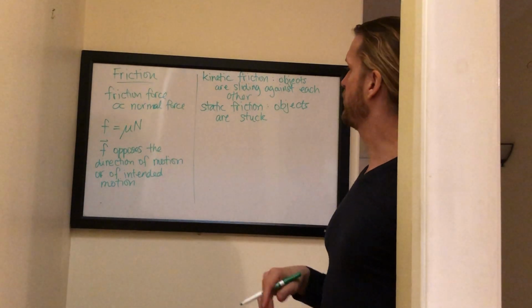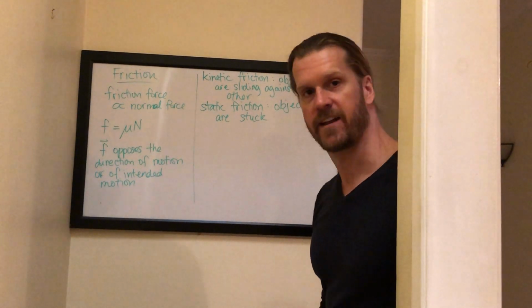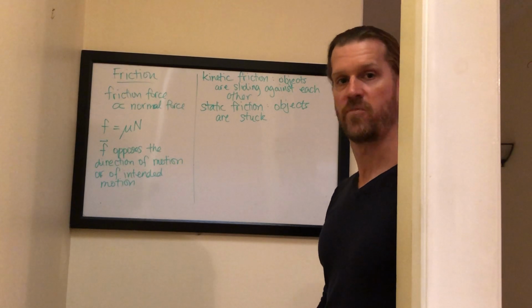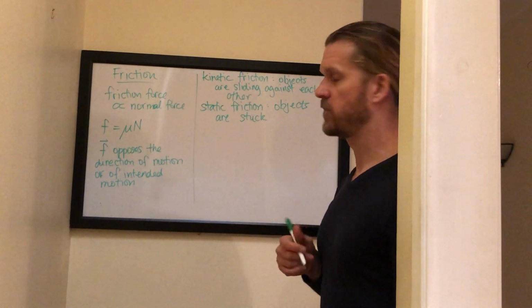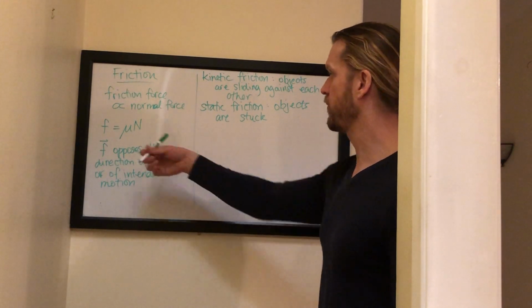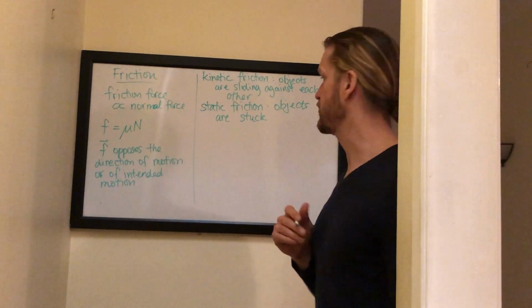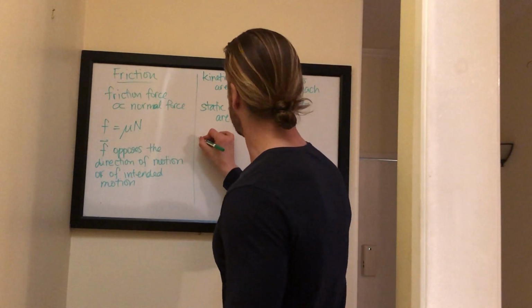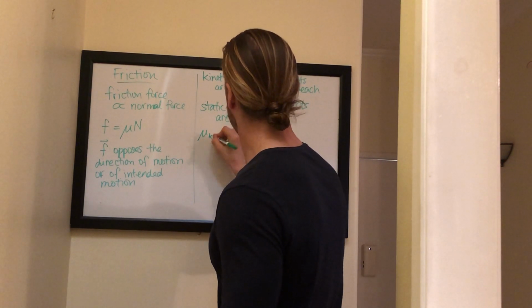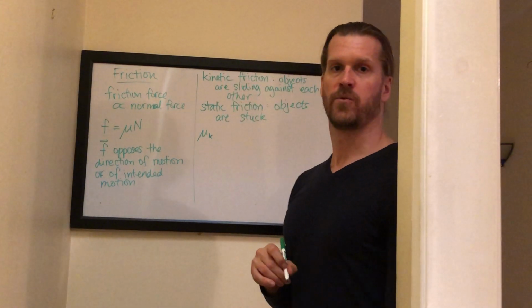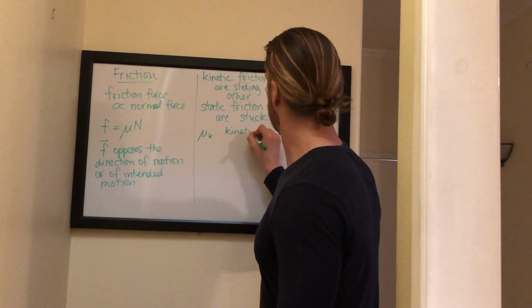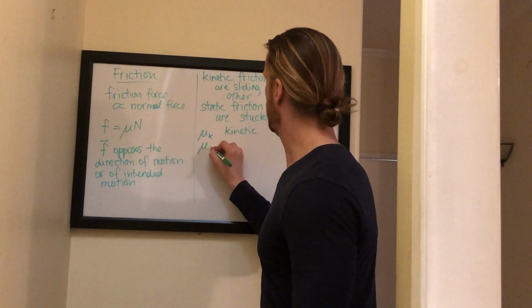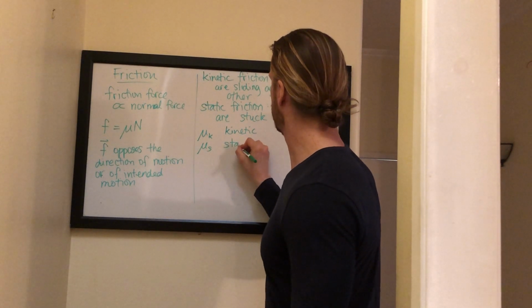Okay, kinetic: objects are sliding against one another. Static: objects are stuck. And we indicate those two scenarios with a little subscript for our coefficient of friction. We have mu k for kinetic friction, and mu s for static.